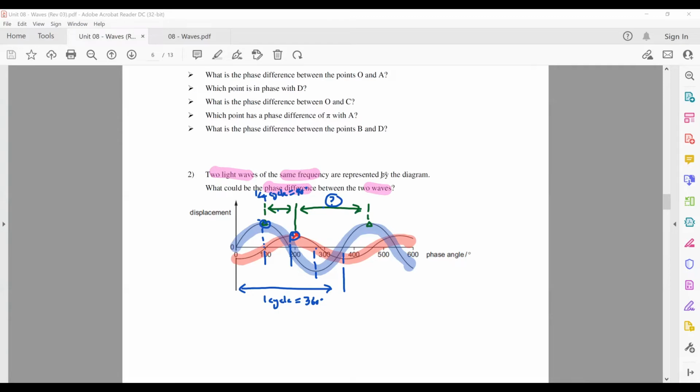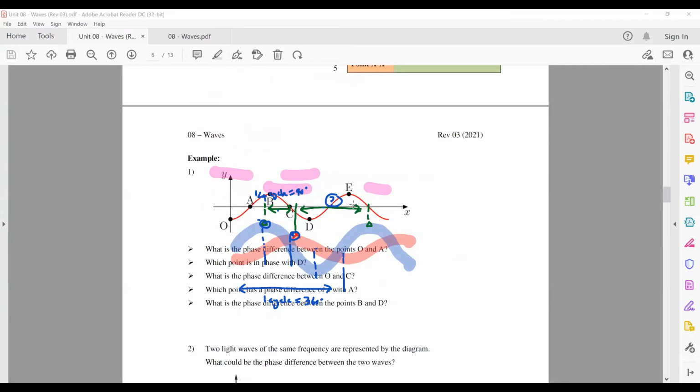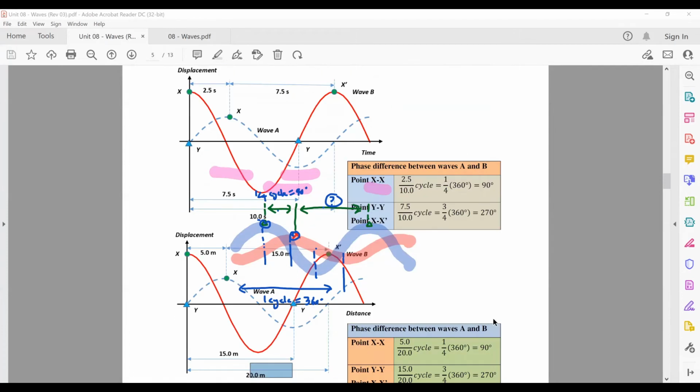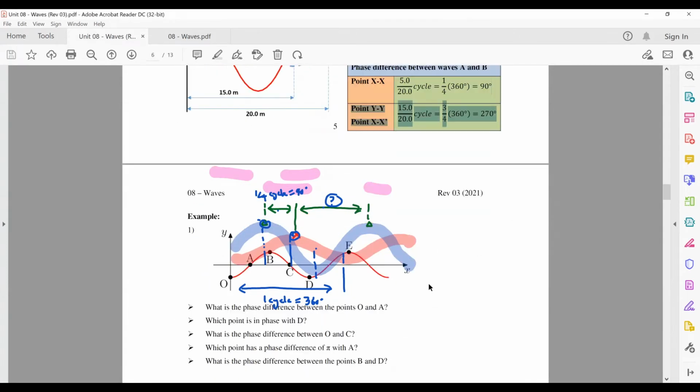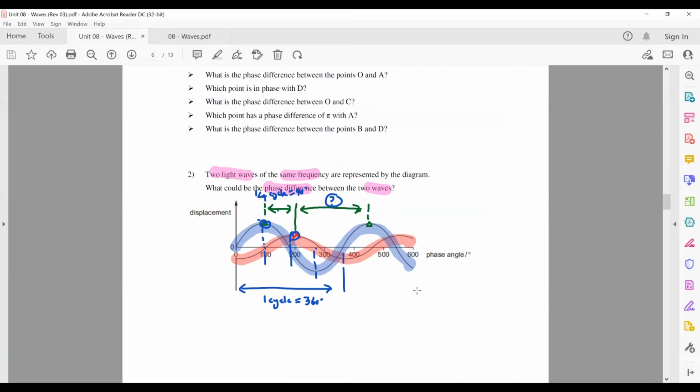Remember I told you that the two values of phase difference would normally add up to give you back one complete cycle, 360 degrees. So if you already found the phase difference for one side, and you want to find the phase difference for the other side, it'll just be 360 minus 90, giving you 270 degrees.